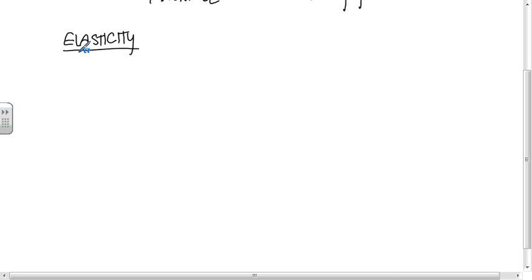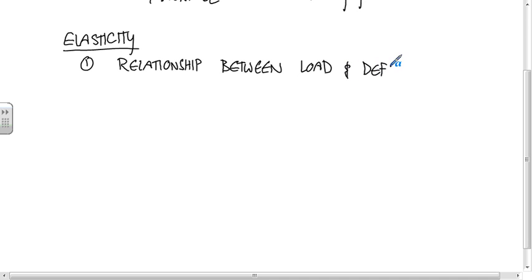And so to talk about elasticity, I'm first going to talk about the relationship between load and deformation. So that's the relationship between stress and strain.